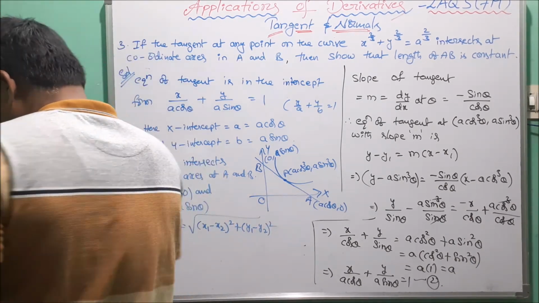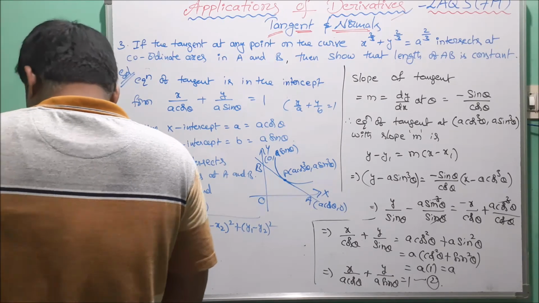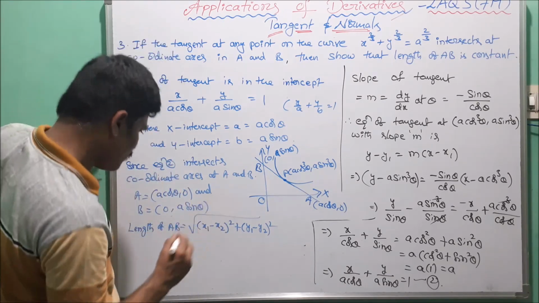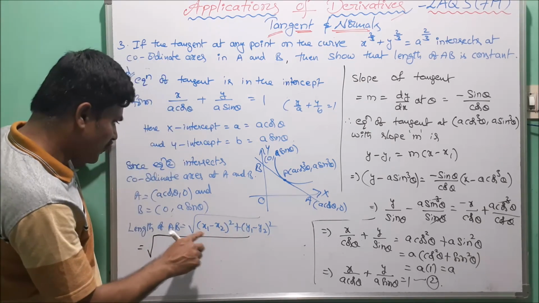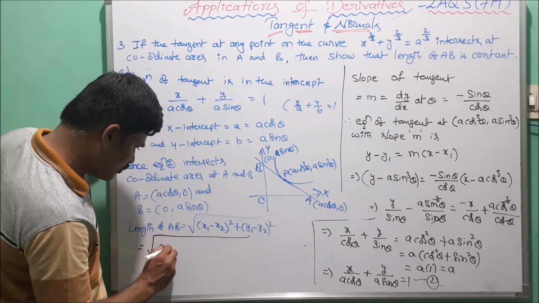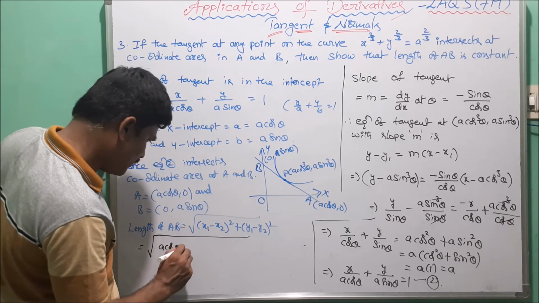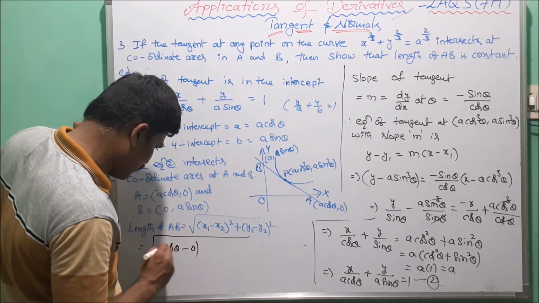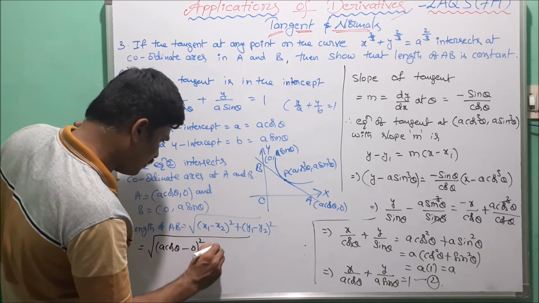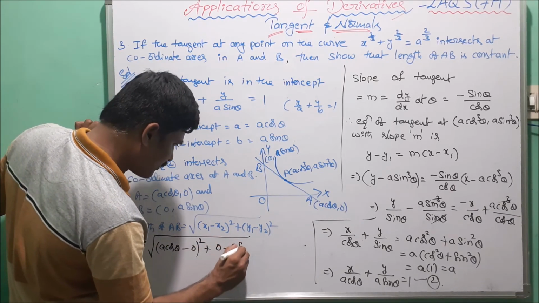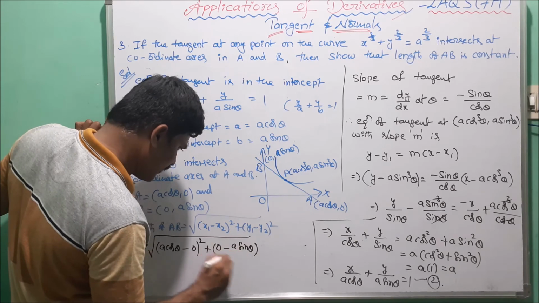Now in that we write square root of a cos theta minus 0 whole square, plus 0 minus a sin theta whole square.